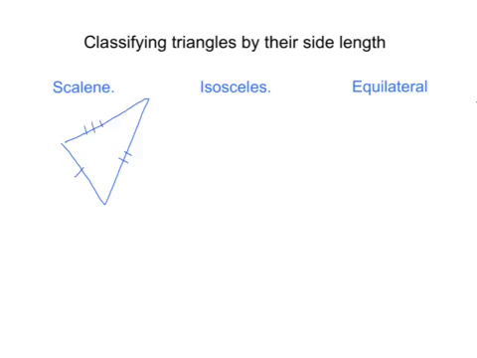Isosceles triangles are special in that they have two sides that are equal in length. So we can mark those two with the same markings, and the other side is a different length. What's also special about that is that these angles down here are also equal. They're called the base angles, and so we know that the base angles are equal.